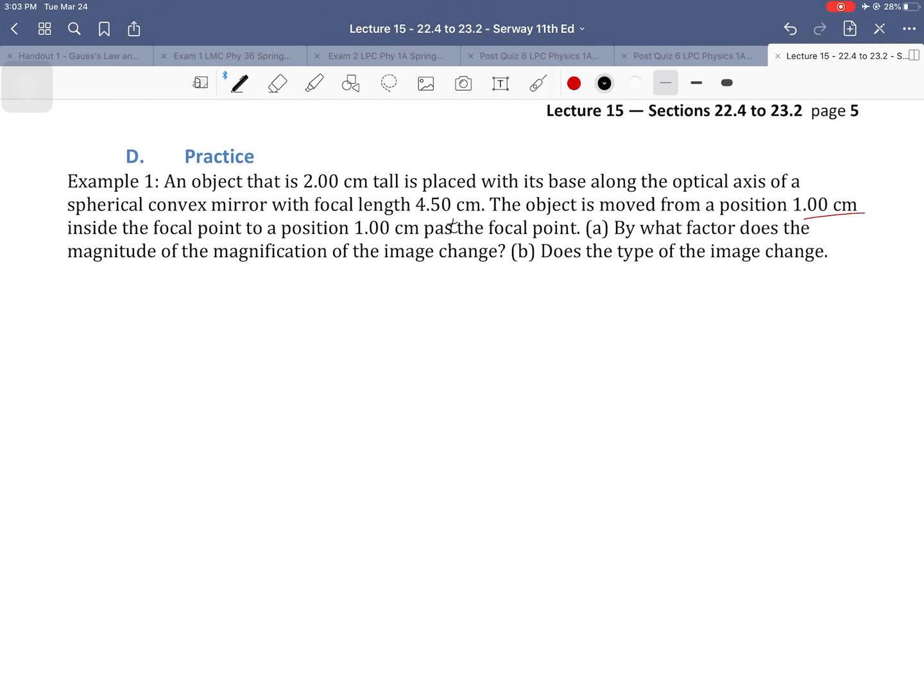And by what factor does the magnitude of the magnification of the image change? Okay, so a quick picture of this. I won't try to draw it too much, just a rough sketch. We've got our convex mirror, we'll have our optical axis like so.